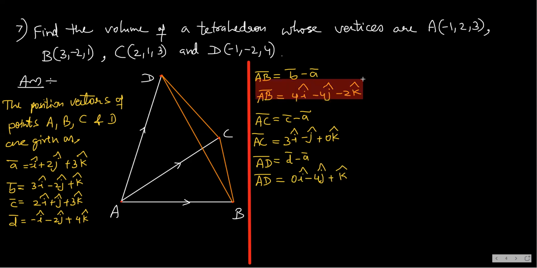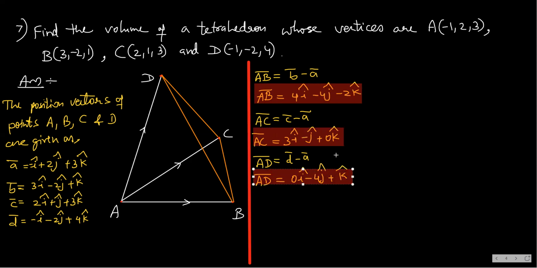See, this is one of the coterminous edges, this is the other coterminous edge, and here the third coterminous edge. You have all the three coterminous edges. Now I can write the formula for the volume of parallelepiped.